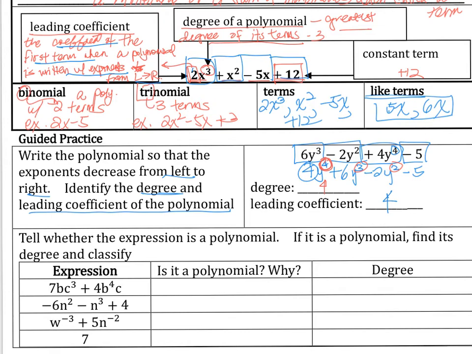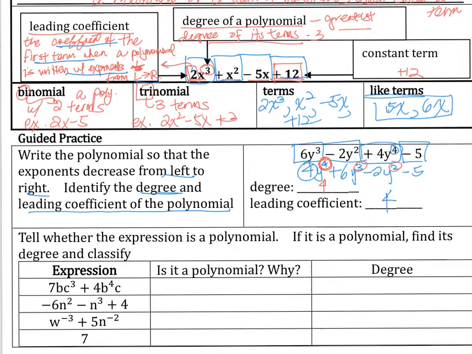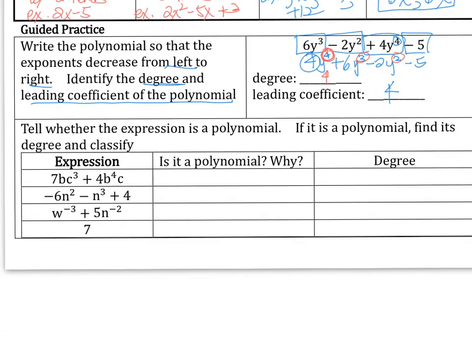Okay, now, at the bottom here it wants you to tell whether the expression is a polynomial. If it is a polynomial, find its degree and classify it.